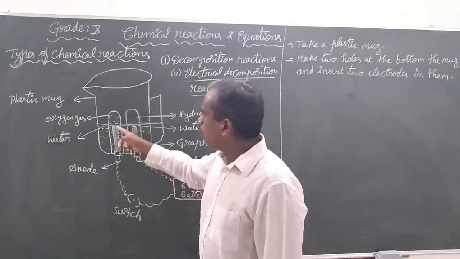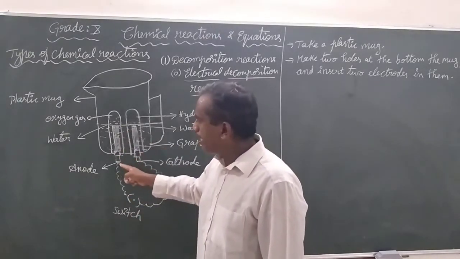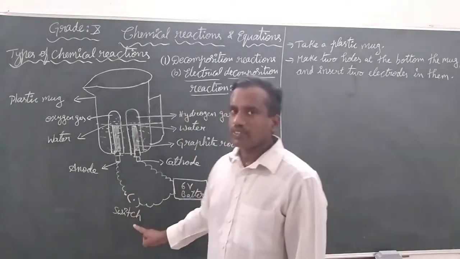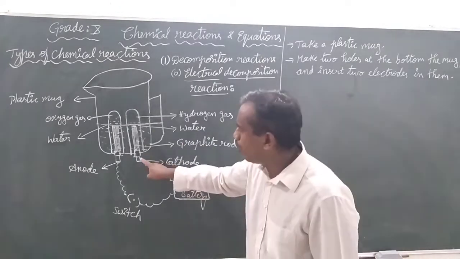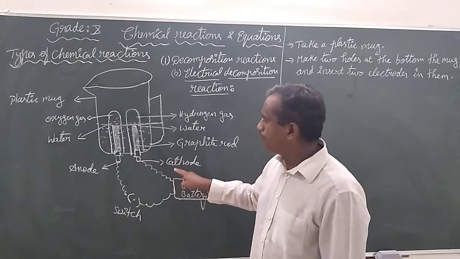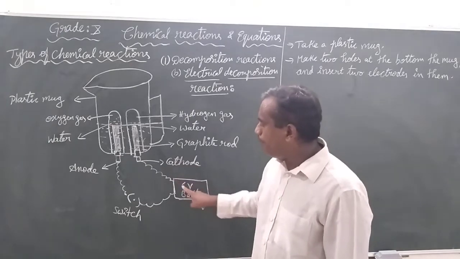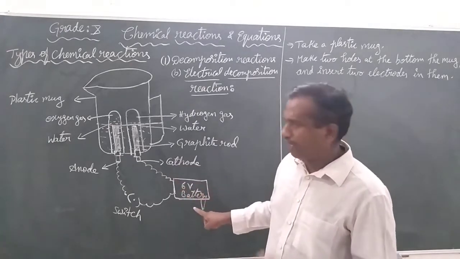Then one of the electrodes is connected with a wire to a switch. The other electrode is connected with a wire to the cathodic end of the 6-volt battery.